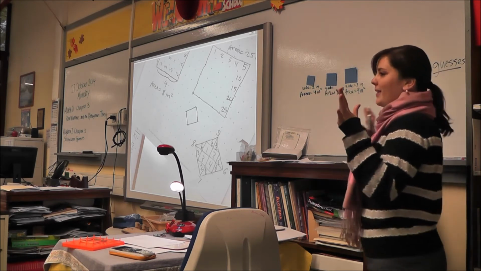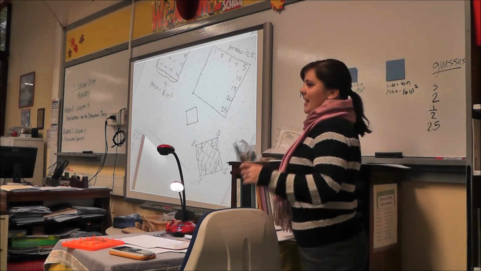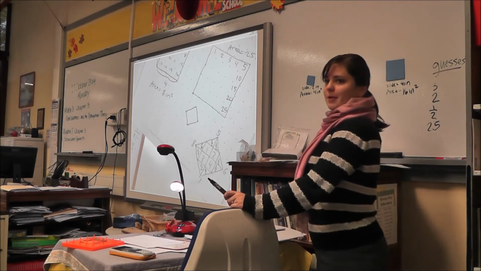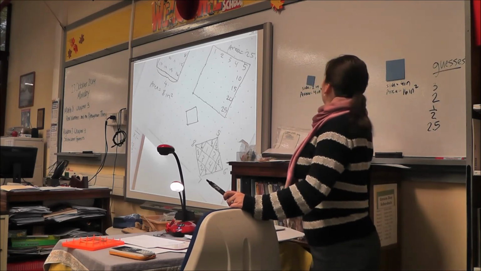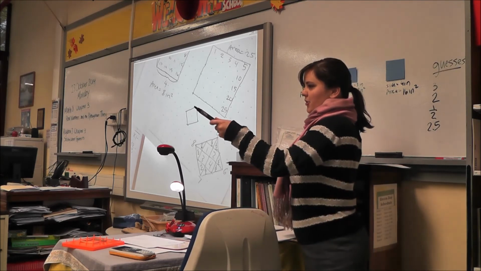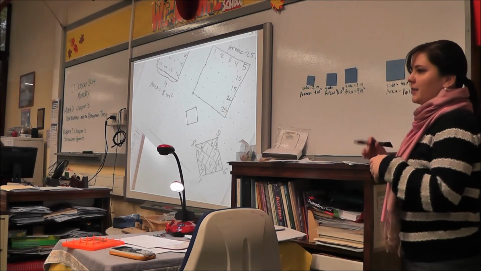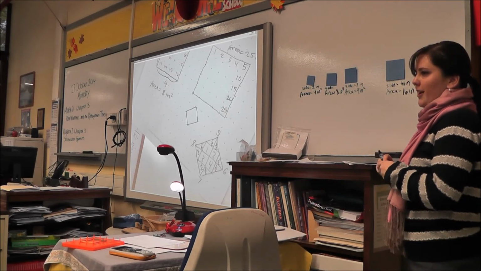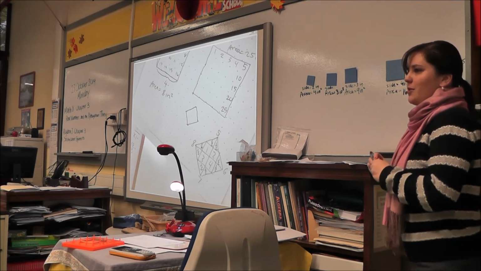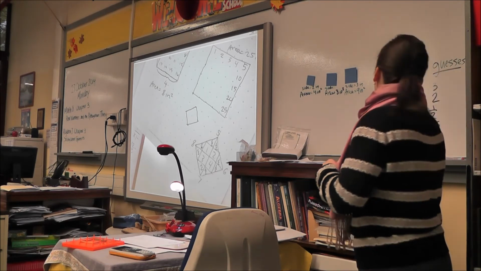Six. Okay, you guys, first of all, here's the hint. Remember, it's probably between 2 and 3, right? Jordan said that earlier. So if we guess 4, 5, 6, probably not going to be correct, right? Joshua, what do you think? 1.5?